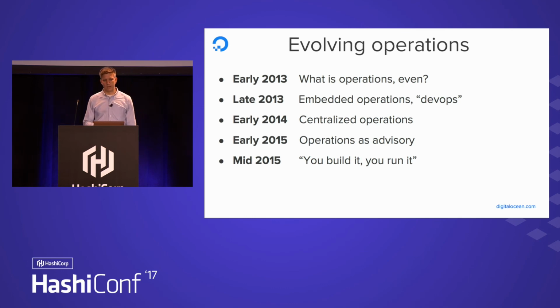So we pulled back and created a centralized operations function that was responsible for servicing those teams, but also at the same time building out some of the infrastructure that we would need to more efficiently operate all the software.